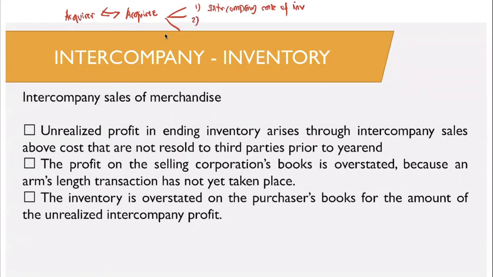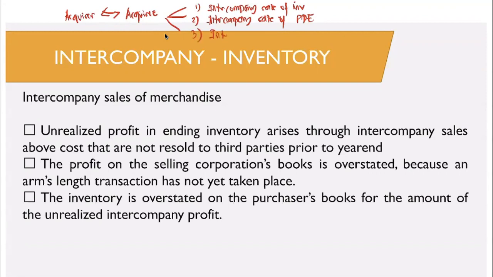Next, we have the intercompany sale of property, plant, and equipment. On the first one, what is sold between the acquirer and acquiree is inventory. In the intercompany sale of PPE, what is sold between them is property, plant, and equipment.